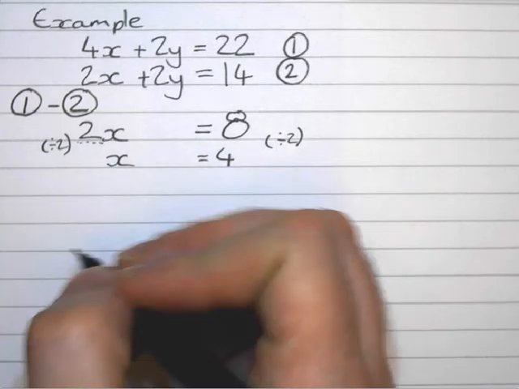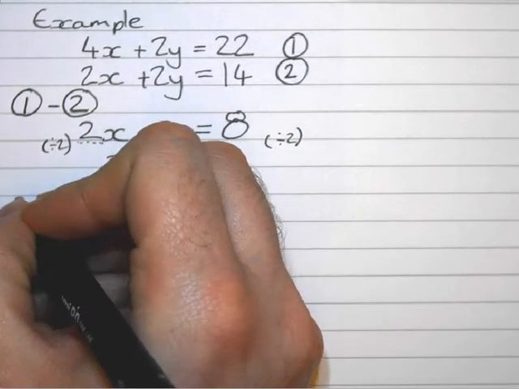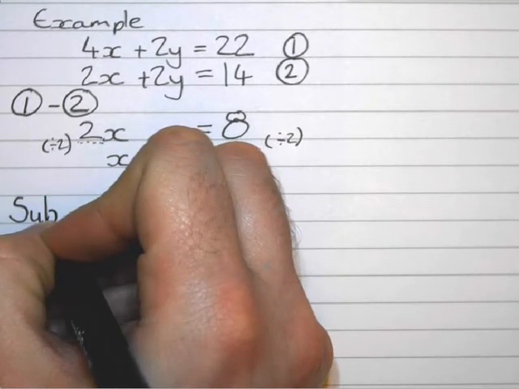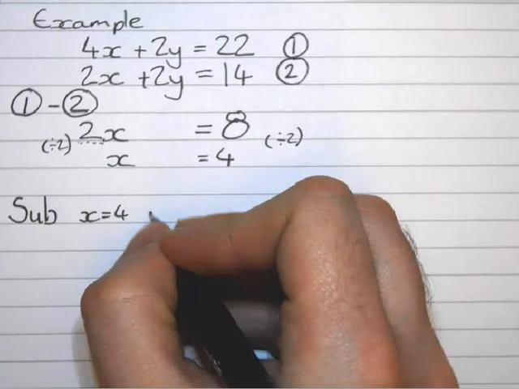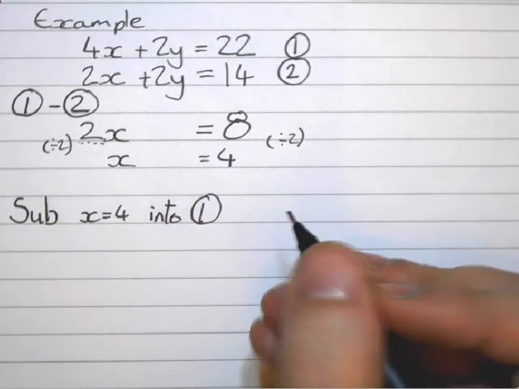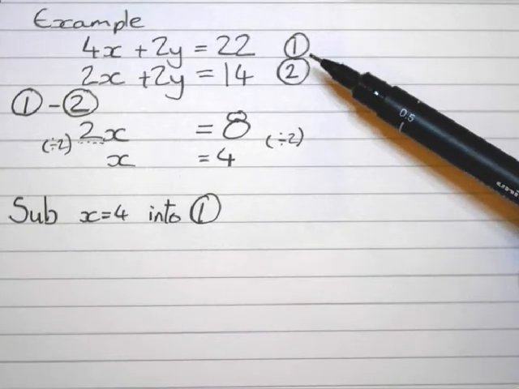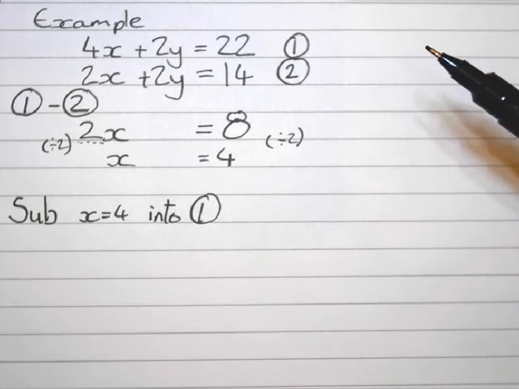So again, note down what you're doing to show that you understand the steps that we're doing. So sub, short for substitute, x equals 4 into number 1. Okay, again maintaining that same notation all the way through. The number in a circle representing an equation.